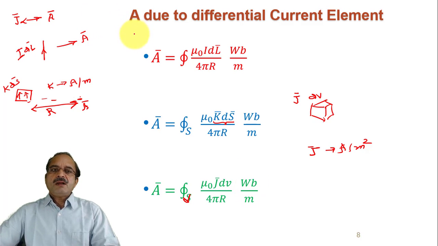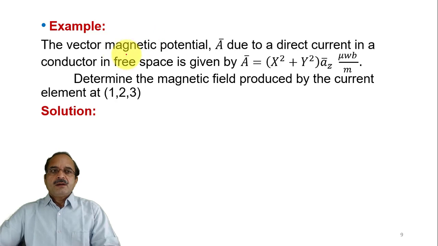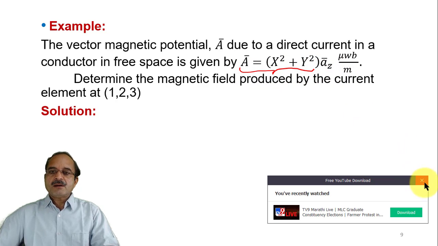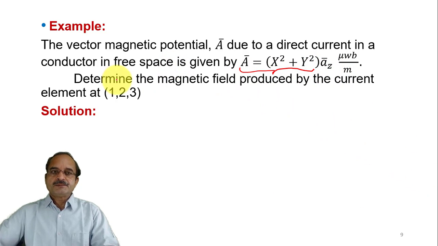Now we will solve one example to clear our concepts. The problem is: the vector magnetic potential A due to a direct current in a conductor in free space is given by A equal to x square plus y square Az Weber per meter.